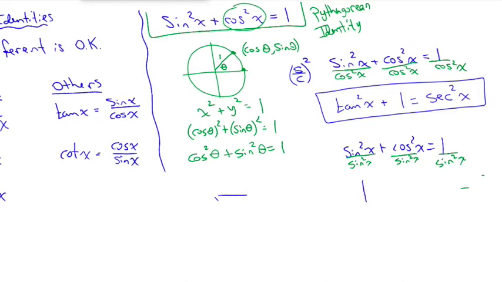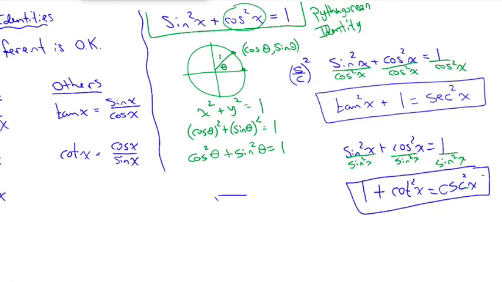What's cosine squared over sine squared? Cotangent squared. And 1 over sine squared? Cosecant squared. And that gives us our third Pythagorean identity.